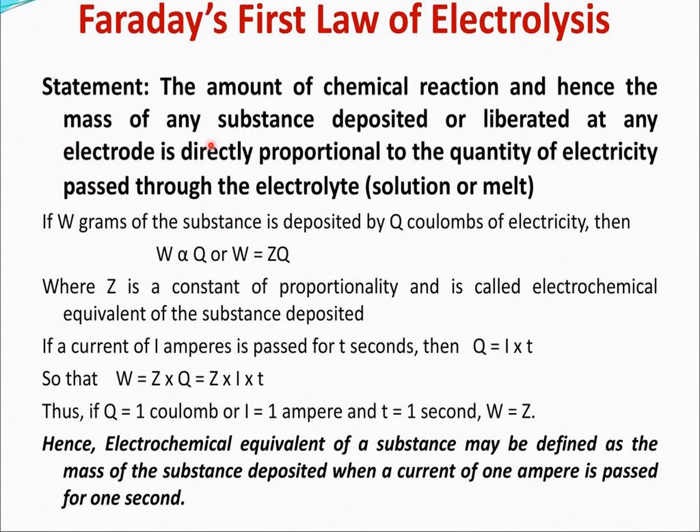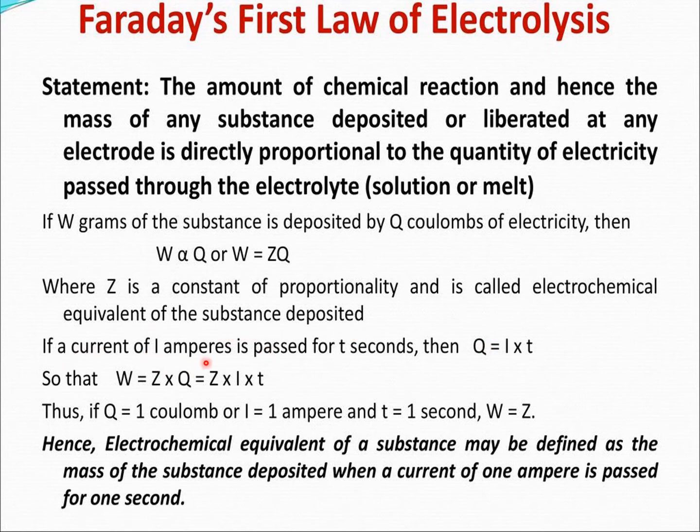Here is the statement of Faraday's first law. The weight of the substance deposited or liberated at any electrode is directly proportional to the quantity of electricity passed through the electrolyte. So according to the statement, if W grams is the substance deposited by passing Q coulombs of electricity, then we get W is proportional to Q, or W is equal to Z into Q. Here, Z is a constant of proportionality and is called the electrochemical equivalent of the substance deposited.